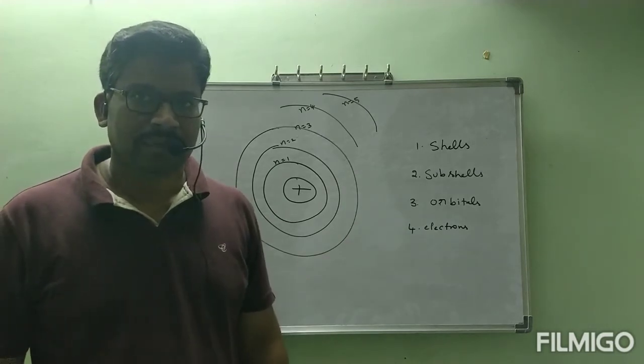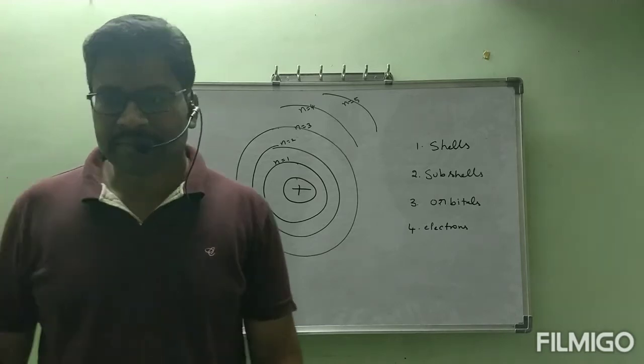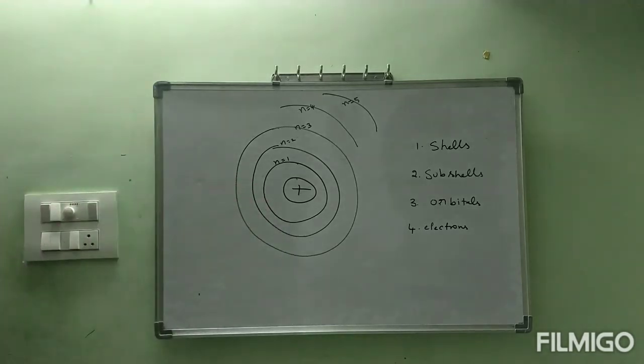Now, once again I will repeat this one. Just observe. I gave the example on the board, that is n is equal to 1, 2, 3, 4, 5, etc. Up to 5 I took. Those n is equal to 1, 2, 3, 4, 5 are all shells. Now remember carefully.